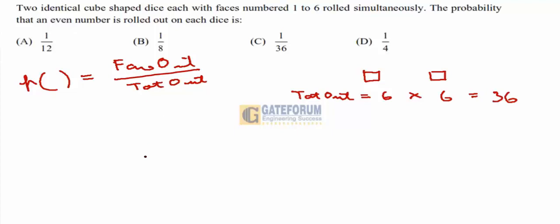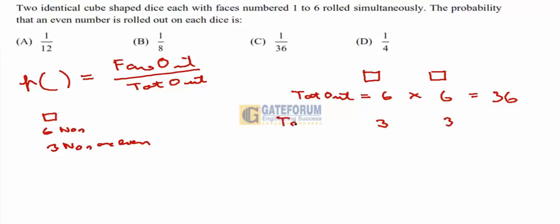Now what is the favorable outcome? If we read a die, we will find that out of the 6 numbers that it provides, only 3 numbers are even: 2, 4 and 6. So if both dice bring out even numbers, the first die can do it in 3 ways and the second can do it in 3 ways.